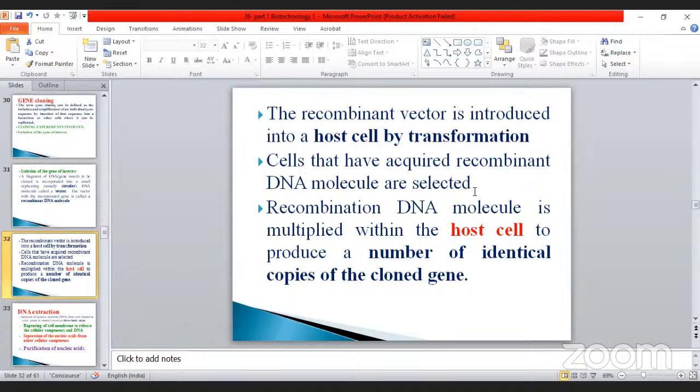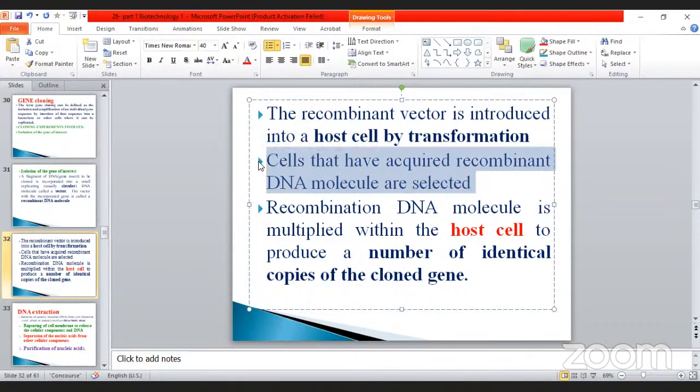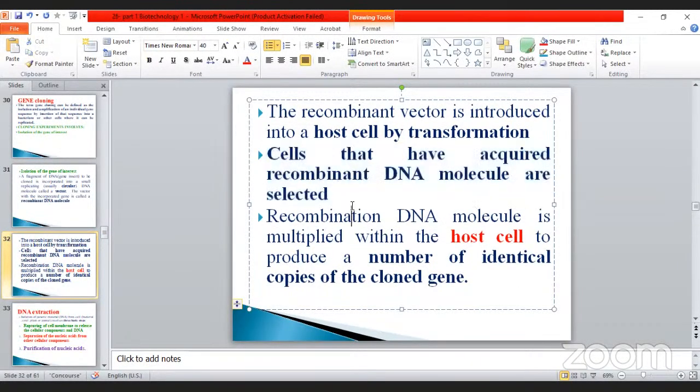That is very, very important. We will not use this technology unwantedly; cells with the wanted character that have acquired the recombinant DNA molecule are selected. The recombinant DNA molecules multiply within the host cell to produce a number of identical copies of the cloned gene also. Very, very important.